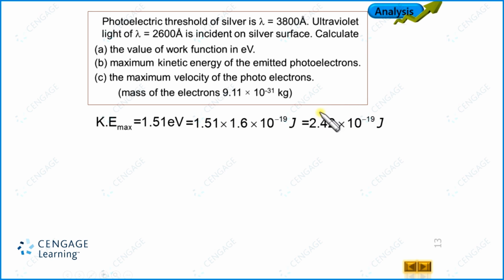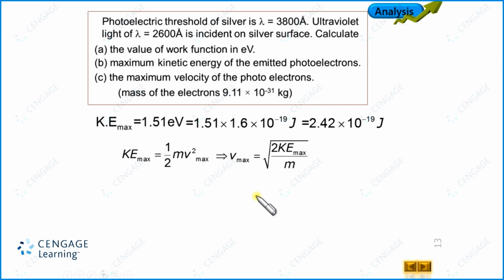So we got the maximum kinetic energy of the emitted photoelectron in joule. Now we can write kinetic energy as half m V max square, where V max is the maximum velocity of the photoelectrons. We are given the mass of the electron.